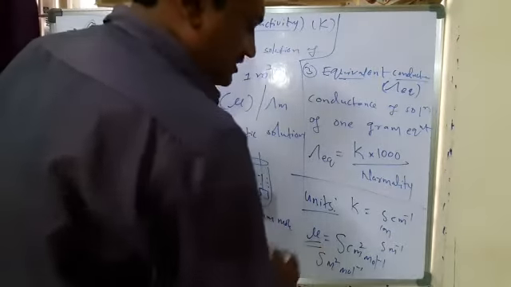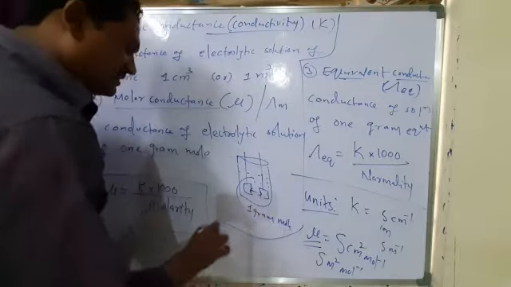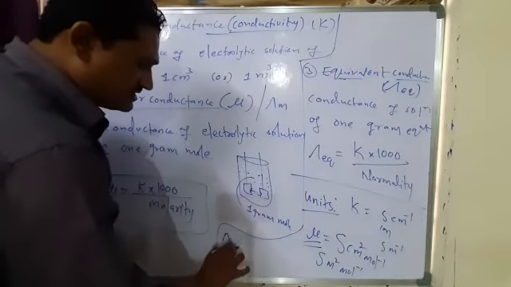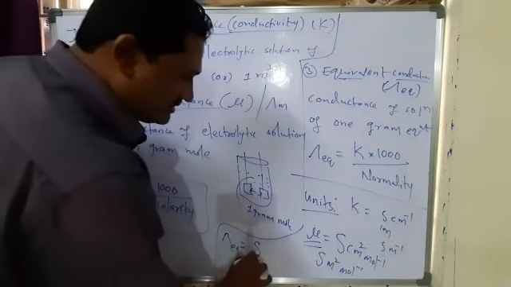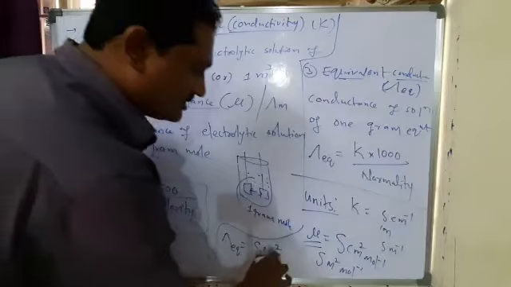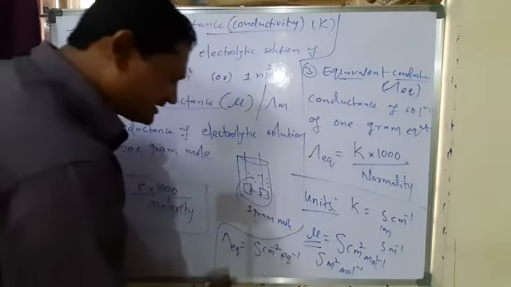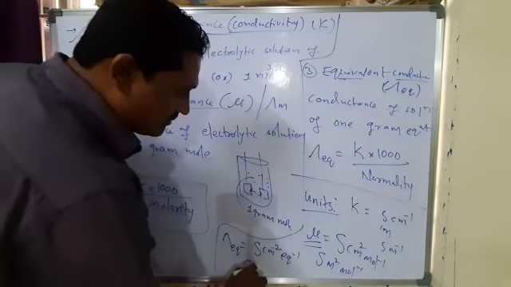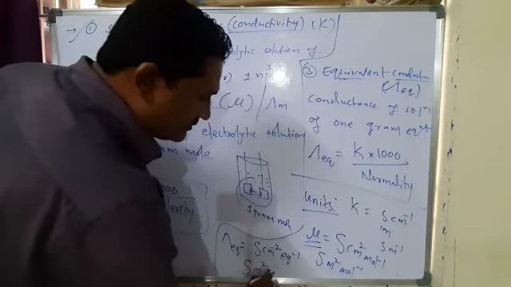For equivalent conductance the units are Siemens centimeter square equivalent inverse in CGS, and Siemens meter square equivalent inverse in SI units.